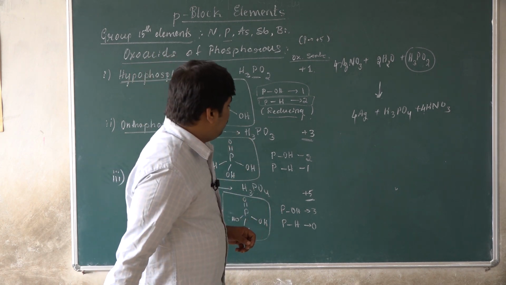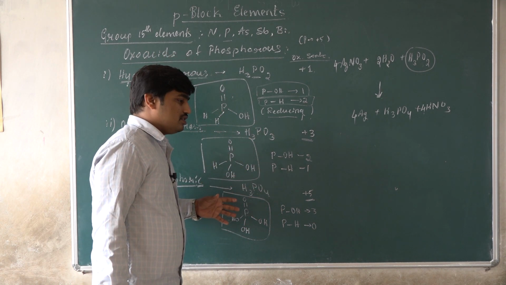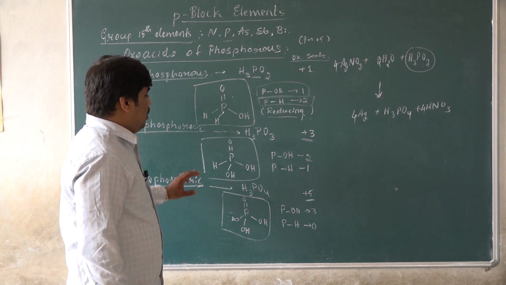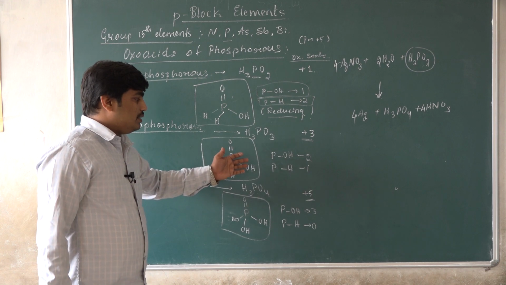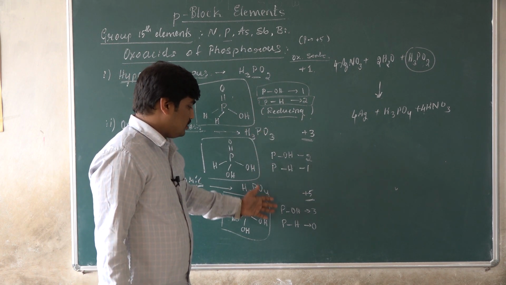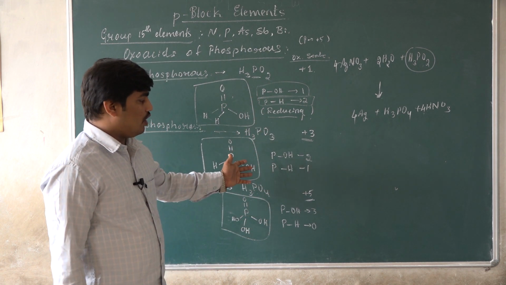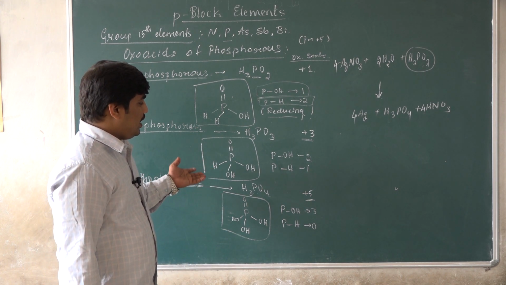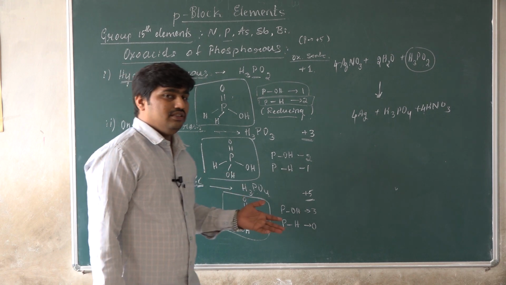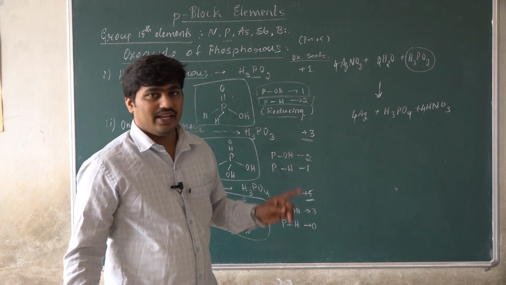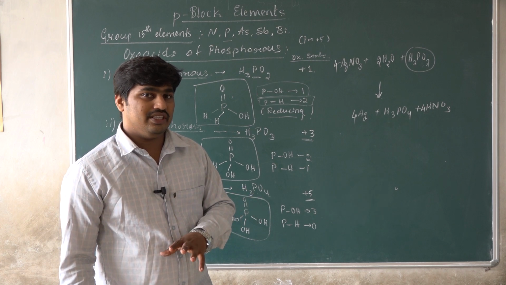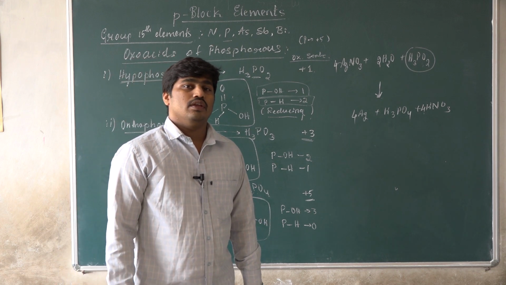Next, another very important concept under these oxo acids of phosphorus, just an additional thing for you. There is a possibility of asking questions on how many OH bonds, how many P-H bonds, and based on that, what is the basicity of the compound? These are acids, correct? You studied a little bit about basicity and acidity in the first year.